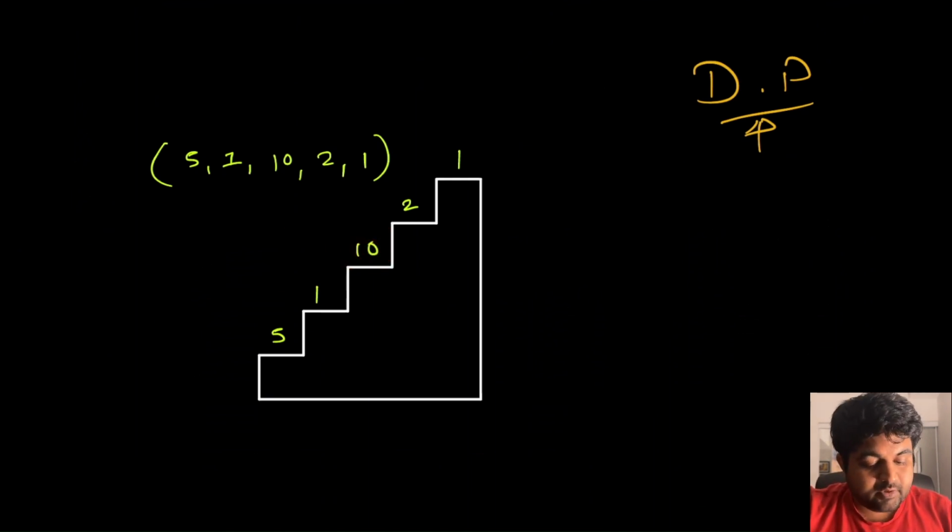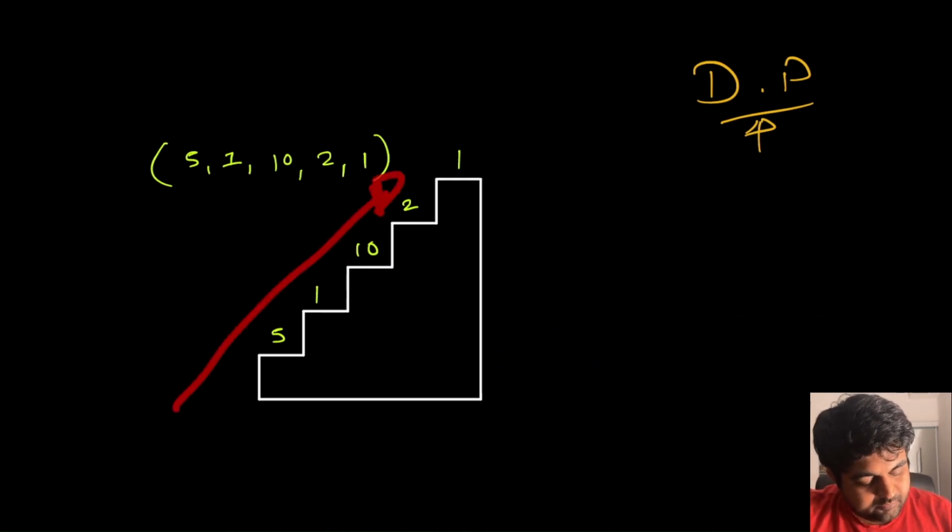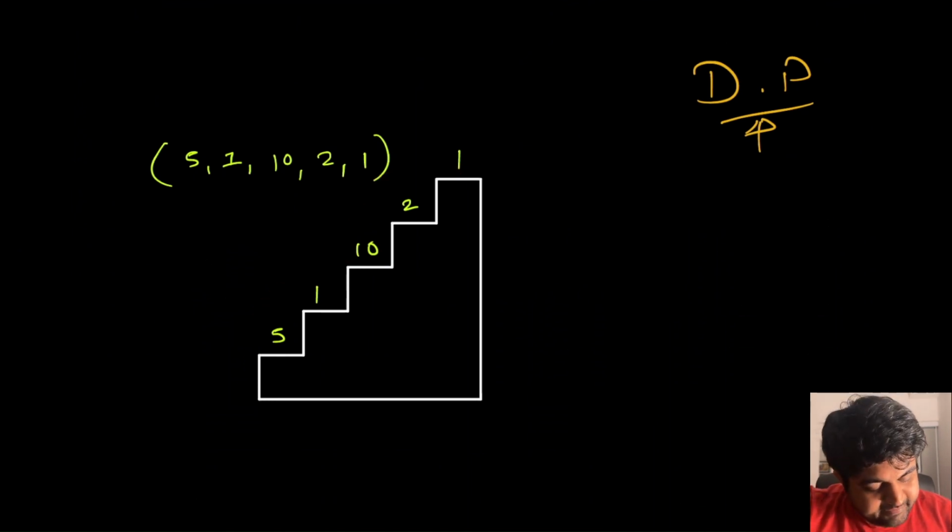Now currently what I'm suggesting is that we use a bottom up approach. So we go from the very first entry to the very last entry, and at every single step we simply calculate, if we have to include this step, what is going to be the minimum cost associated with this step. And let me show you what I mean.